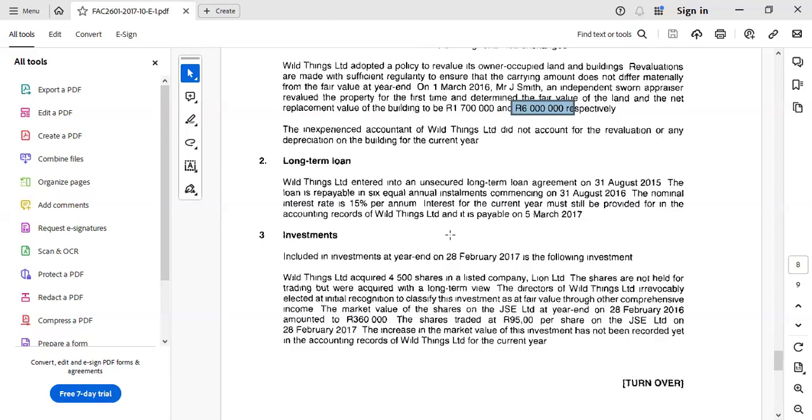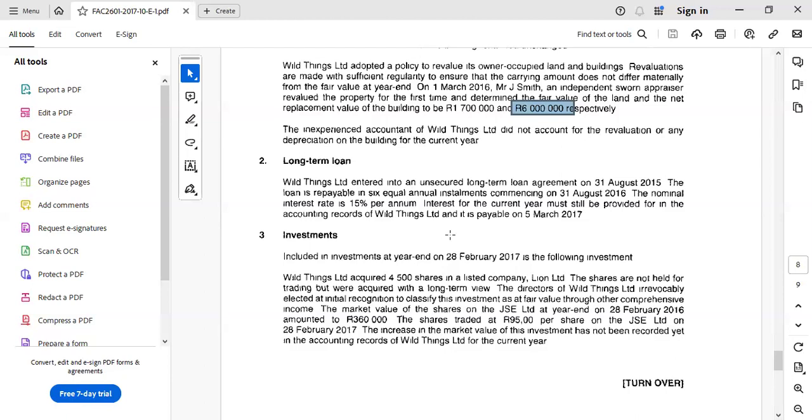Right, the loan is repayable in 6 equal annual installments commencing on 31 August 2016. That means the first installment was paid on 31 August 2016 during the current year. The current year started on 1 March 2016 and ends on 28 February 2017.